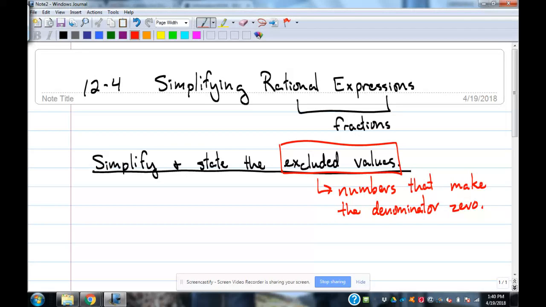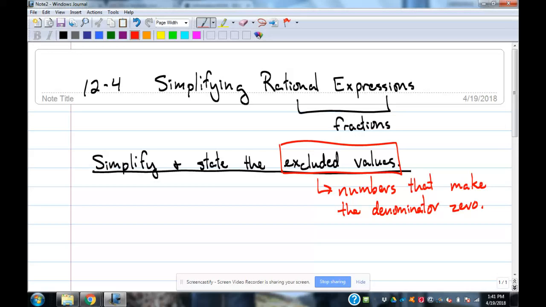They're going to have some variables in the denominator. What value for that variable would make the denominator equal 0? Because what's the only number we can never divide by? 0. So that's why we've got to find these excluded values, is what makes the denominator 0, because we cannot divide by 0. So we got to know what numbers to throw out, okay?